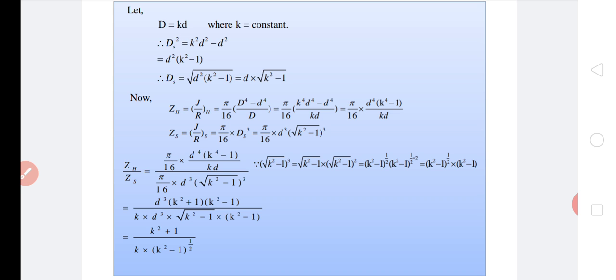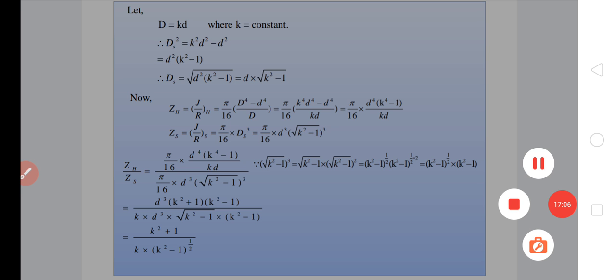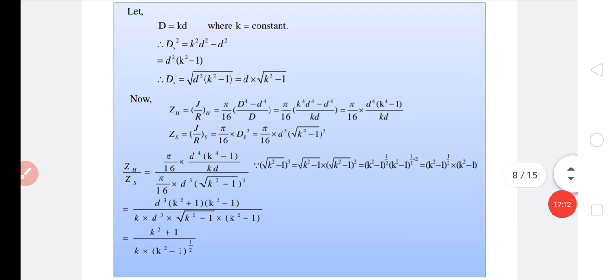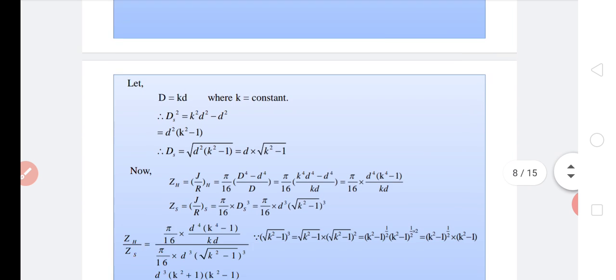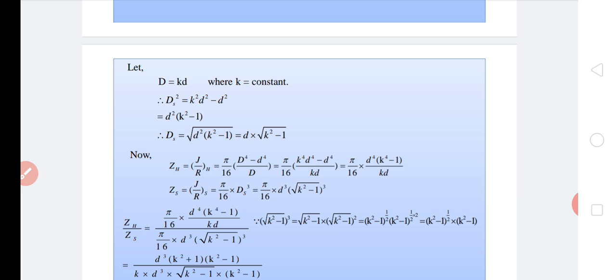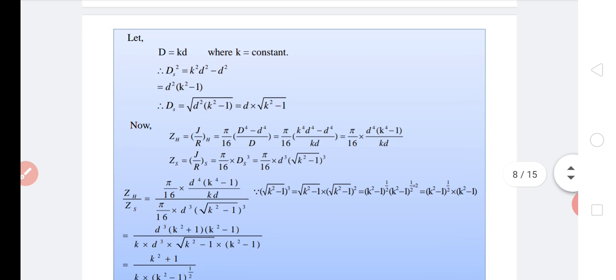So ds square equals k square d square minus small d square, that is ds square equals d square into k square minus 1.